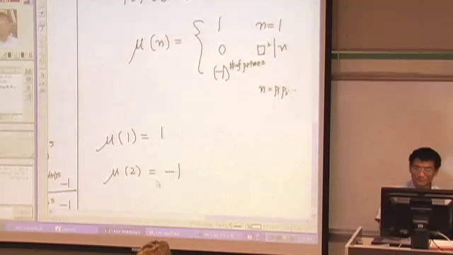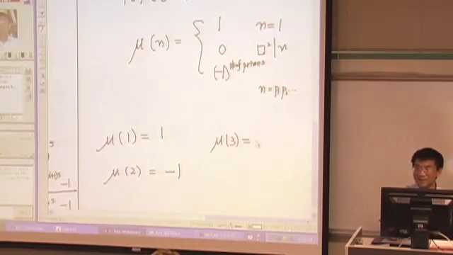What is mu of 3? The number of distinct primes dividing this is just 1 prime. So minus 1 to the power of 1, right? Then it's negative 1. Mu of 4. 4 is 2 squared, right? A square divides n, so 0.